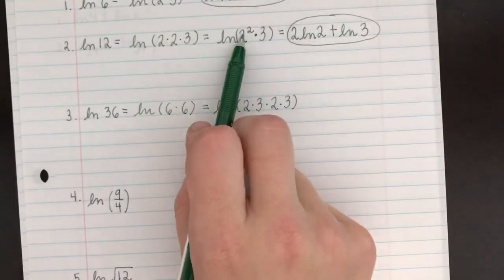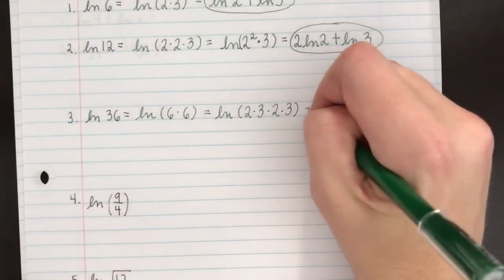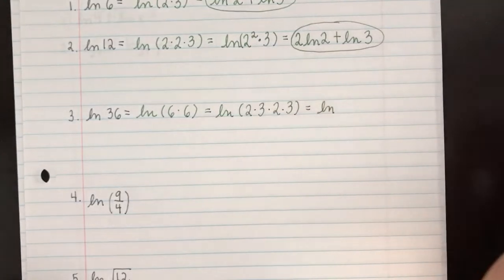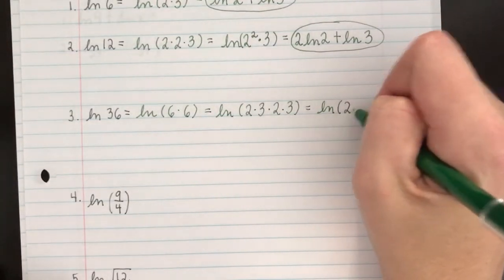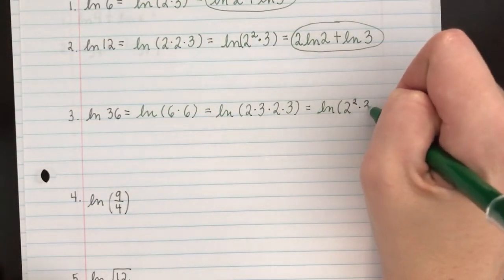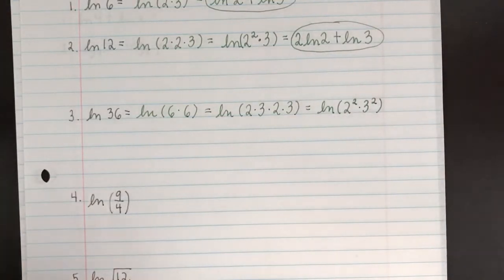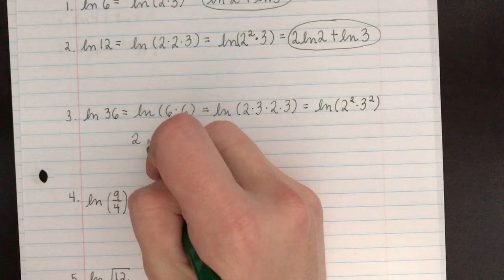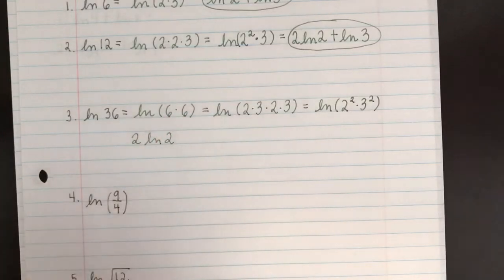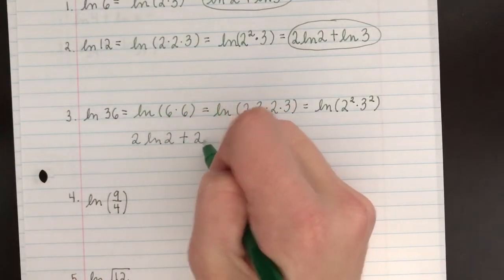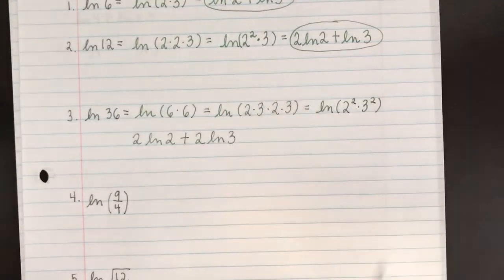And then you can do like what we did above, and you can say natural log of 2 squared times 3 squared. You have 2 2's and 2 3's. And then the final answer would be 2 ln of 2 plus 2 ln 3.